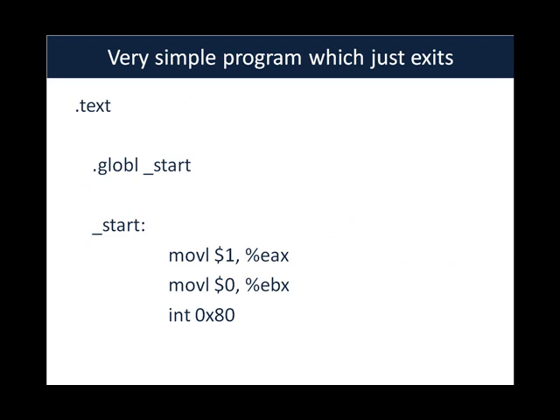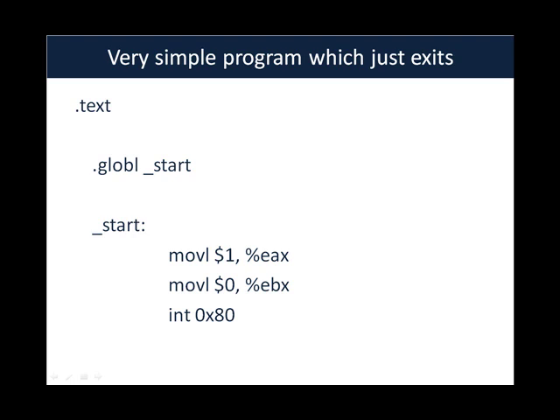This is how it would look. We do not require the .data segment, nor the .bss segment, because there is no data which you're going to use. We just require the text segment, and there in the start label, which is synonymous to your main function, we mention these very simple 3 instructions.